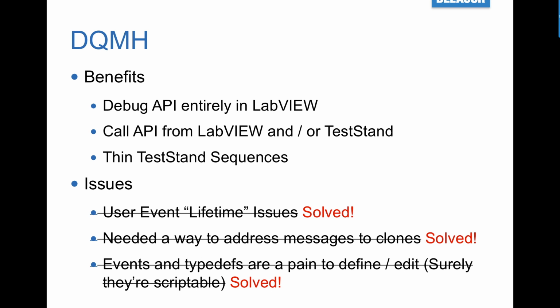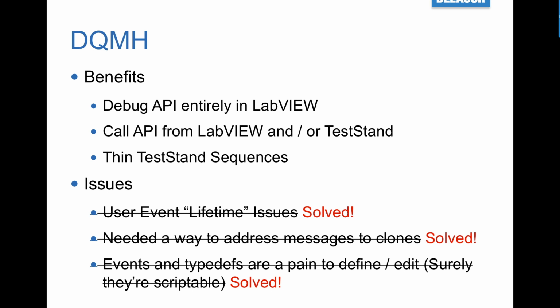The module is responsible for performing the actual activity that you're wanting to perform. And it's a really great way of debugging your LabVIEW code entirely in the LabVIEW environment and then making the public API of that LabVIEW code available to TestStand, resulting in a lot of pre-tested and validated code before you start calling it from TestStand.